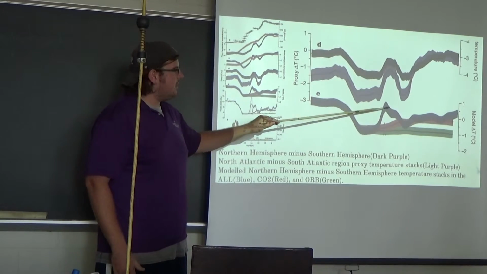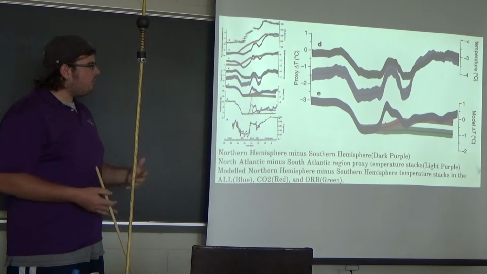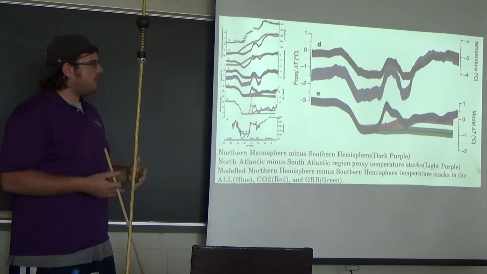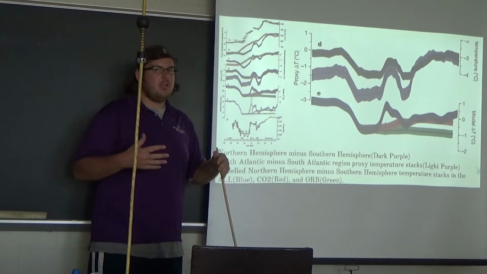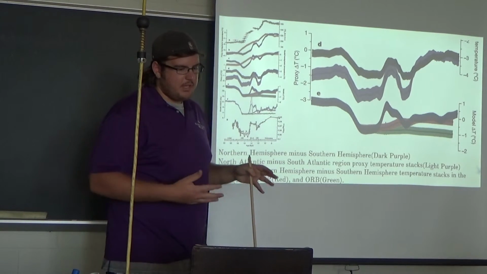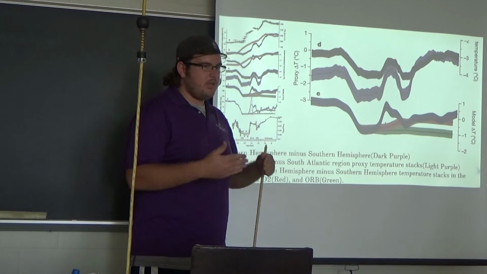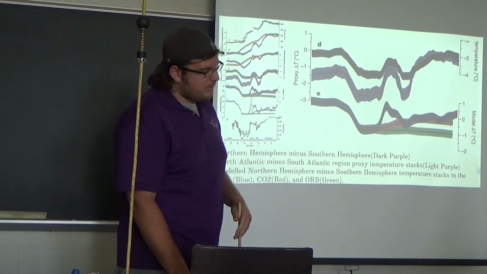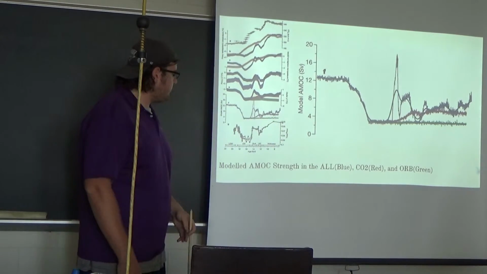Everything seems to move in that similar pattern except for the CO2 model, which leads us to believe that these changes were largely driven by some other aspect, and they went with the AMOC current that was moving a lot of water around the southern hemisphere that led to more of the differences in temperature.